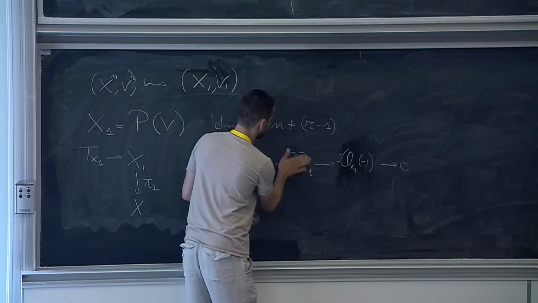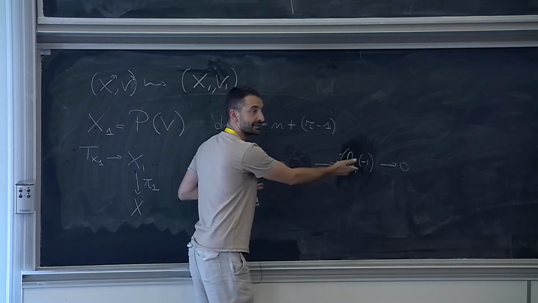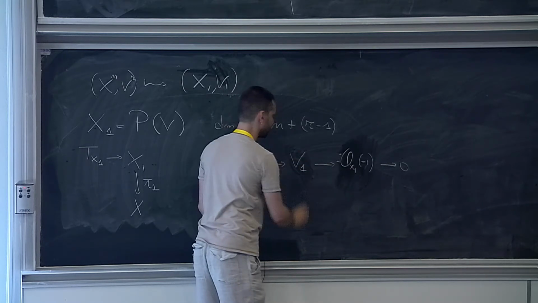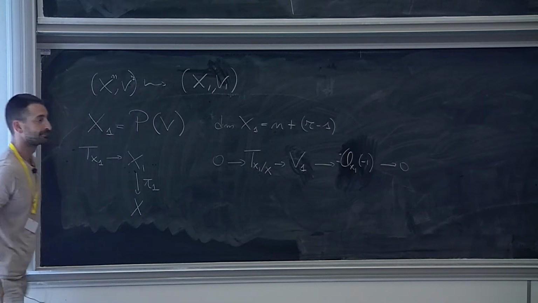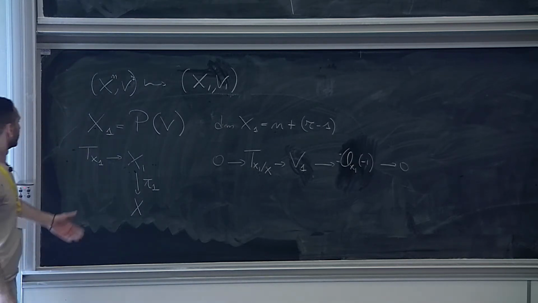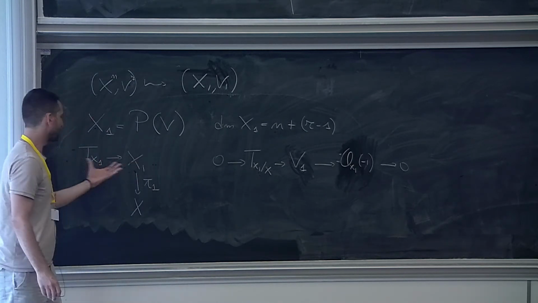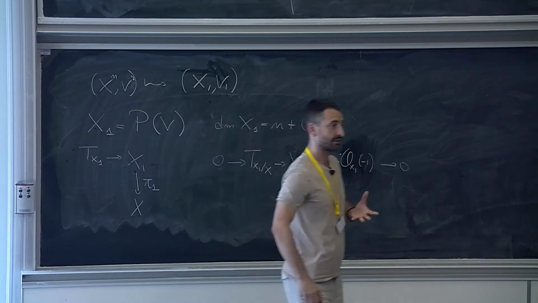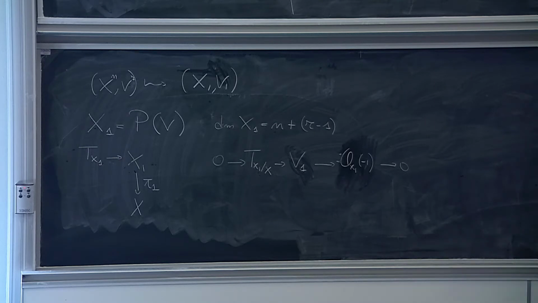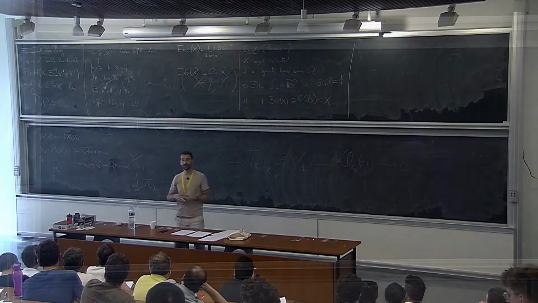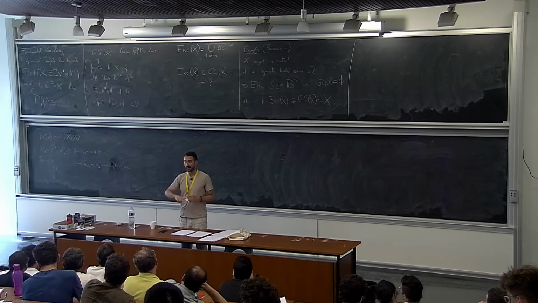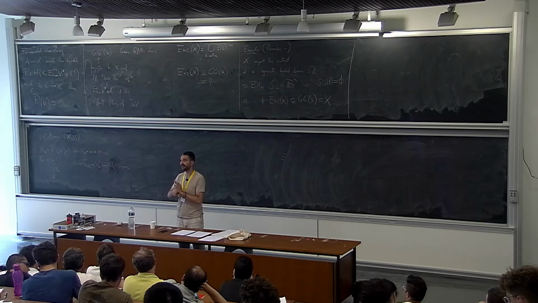And then you put here what you need to make this thing exact. You put a pre-image here. This is V1. So what's V1? It's a subbundle of the tangent bundle of X1, which selects which directions? All the vertical directions plus just one horizontal direction. And which is the horizontal direction you select?